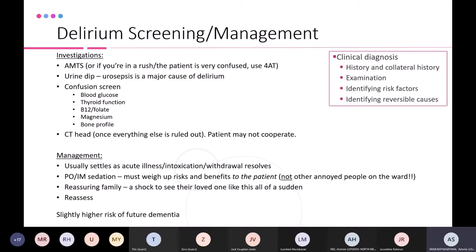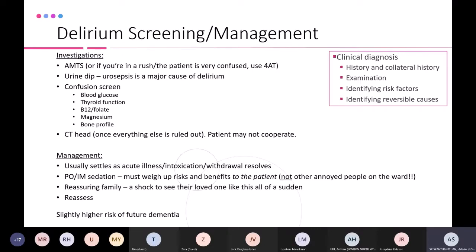Usually it's avoided because it can actually make the delirium worse, and it takes a while for the sedation to kick in as well, so they'll still be kicking off and you just keep adding on and eventually completely sedate the patient, and then when that wears off, they're even worse than when they were at the start. So usually you would avoid that unless you really, really have to, and you weigh up the risks and benefits.